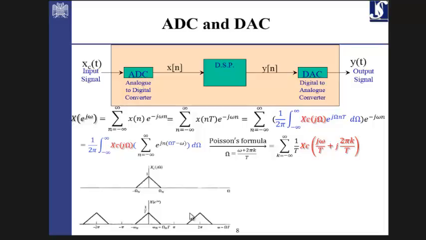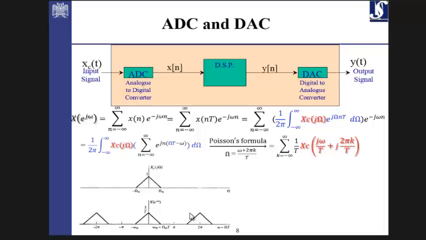Here the signal is periodic. It means that if you change omega to omega plus 2k pi, nothing changes. So for this x of n, we have X as a function of e to the power of j omega.